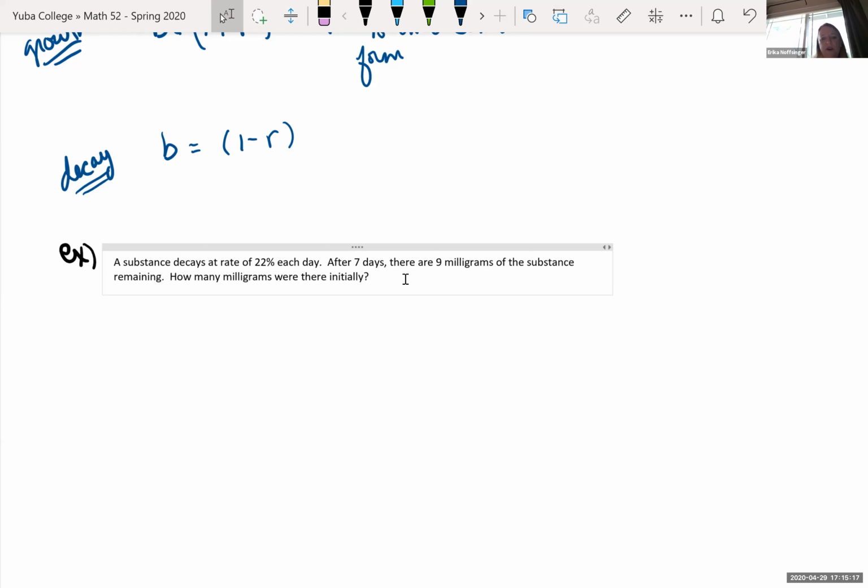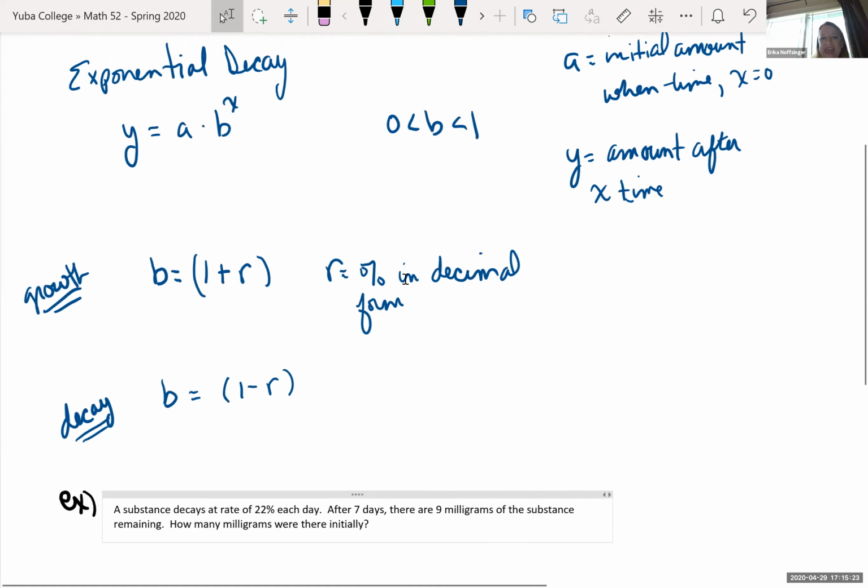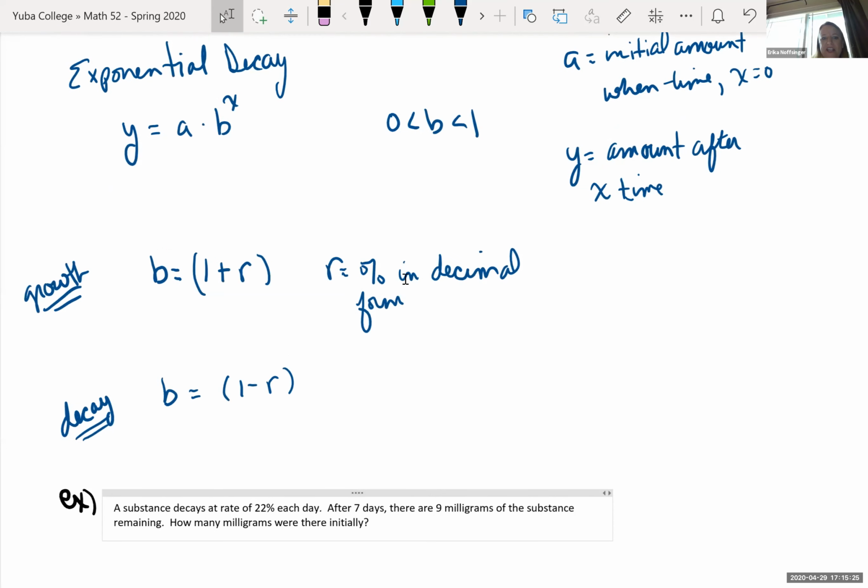So we need to set up our equation. We don't know what the initial amount is. We don't know back here in our equation what that A value is, but we have information about the growth rate. We have information about number of days and an amount that is given for that day. So let's start setting up the equation.